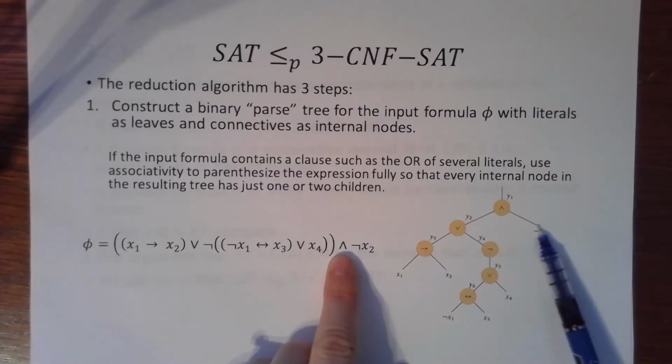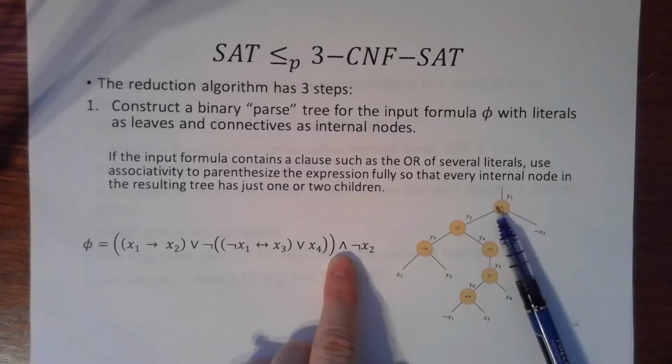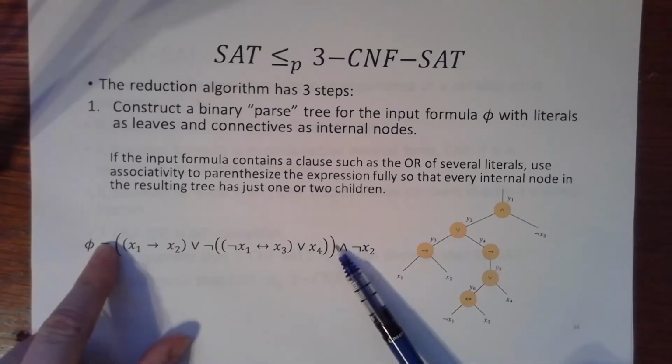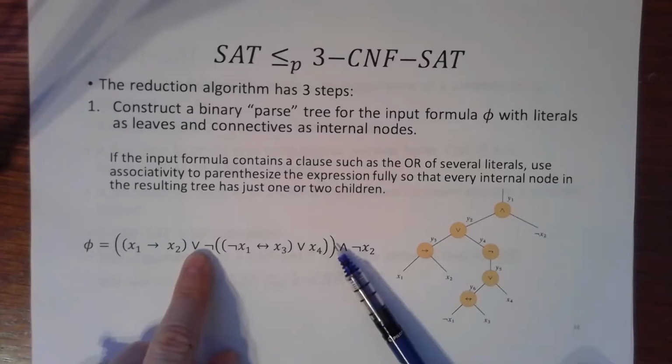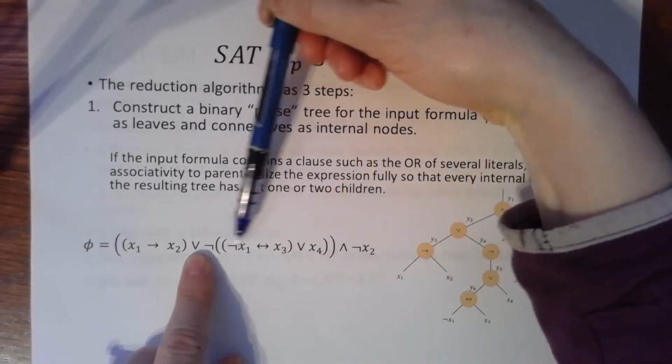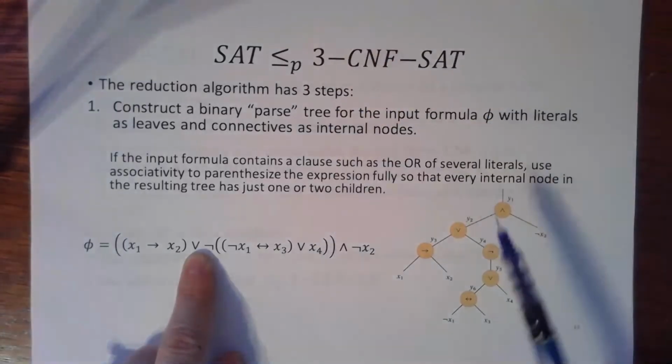On the left side of the tree we have a more complicated expression, so we have to look at where the precedence is happening. This is really an OR of 2 things: this expression on the left, and then the negation of this thing on the right.